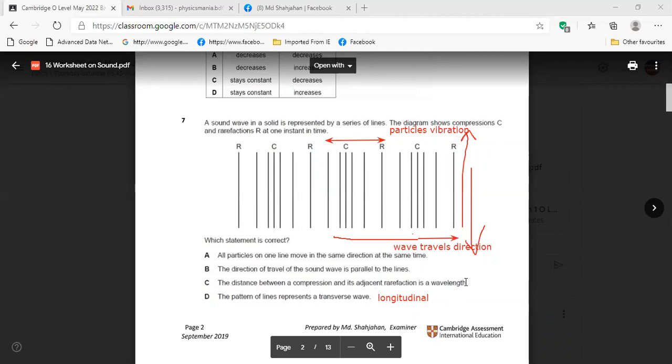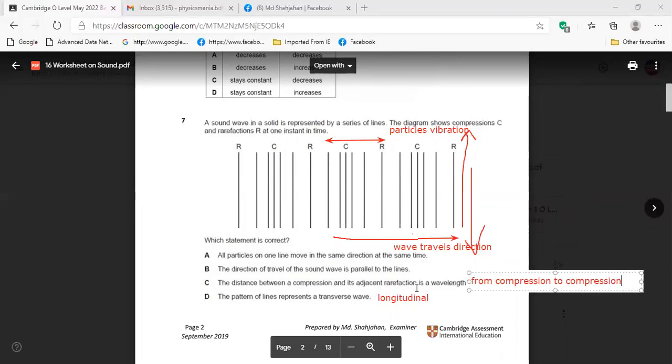Then the second statement, why is it not correct? From compression to compression. If it is from compression to compression, then we can take this option as correct.